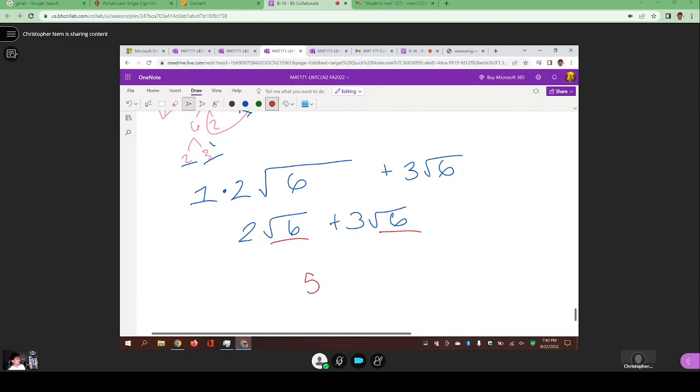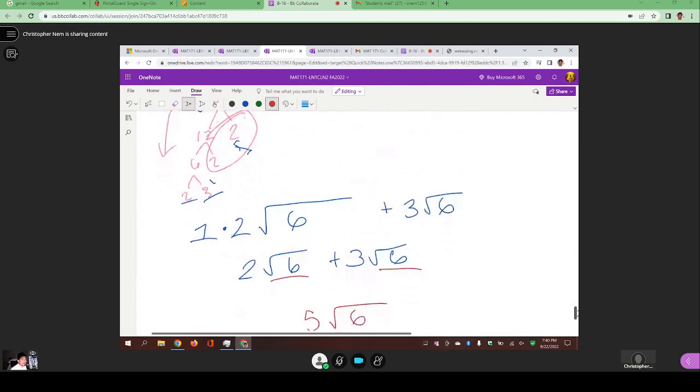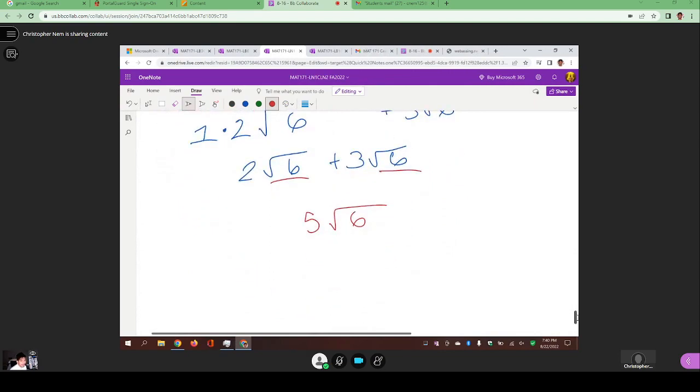Once we add the coefficients, the factors stay the exact same, root 6. That is how we add radicals. So if you're confused on how to add radicals, treat it like a polynomial. Sometimes you cannot simplify it any further. However, first try to see if you can factor tree it. If you can factor tree it, maybe it might come out nicely.